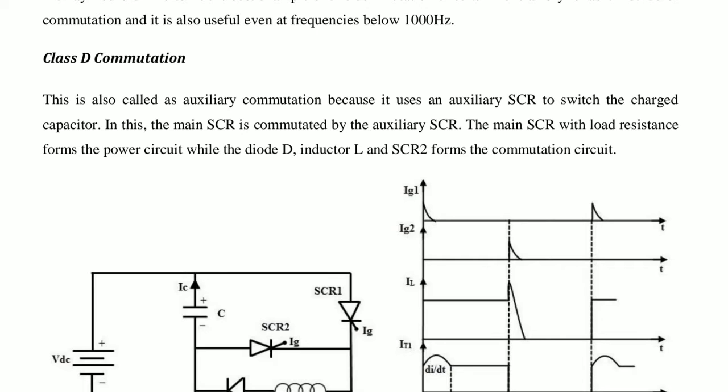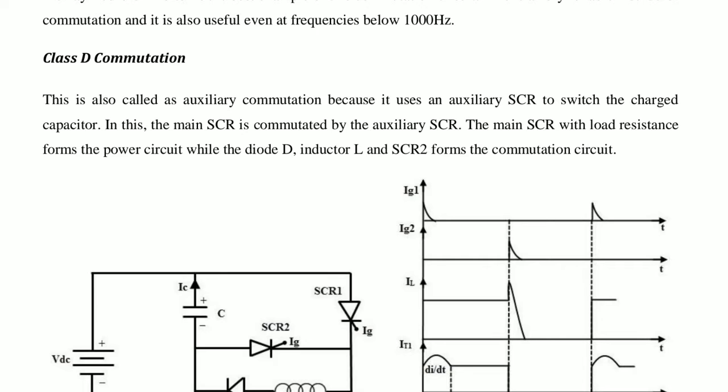By using these components we can turn off the SCR. We have thoroughly seen class A commutation, which is an underdamped circuit, and due to this underdamped circuit the SCR will turn off. There are some circuit changes in class B commutation, where the capacitor does the work of turning off the SCR.